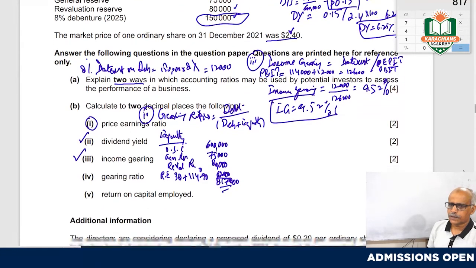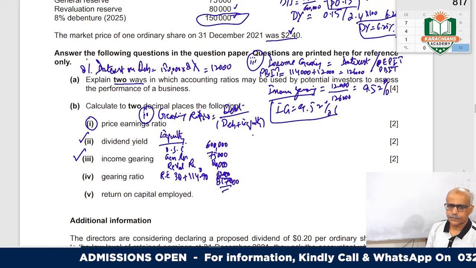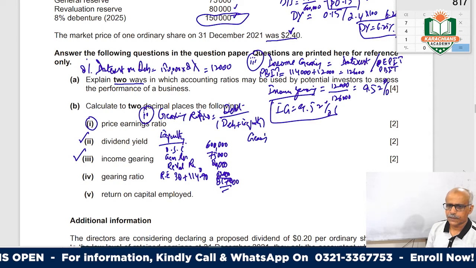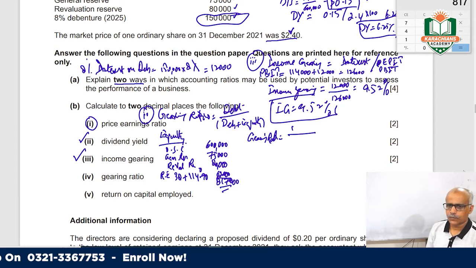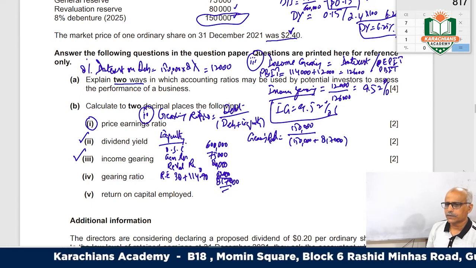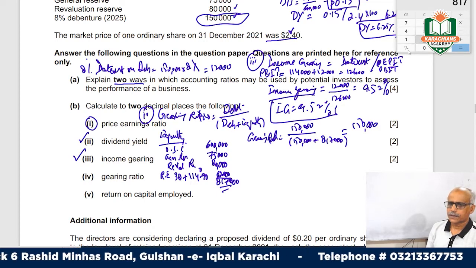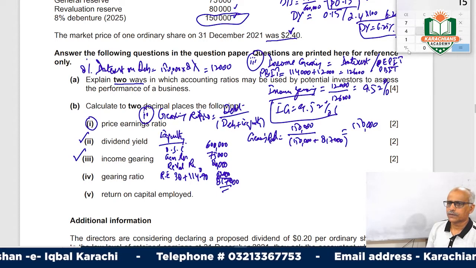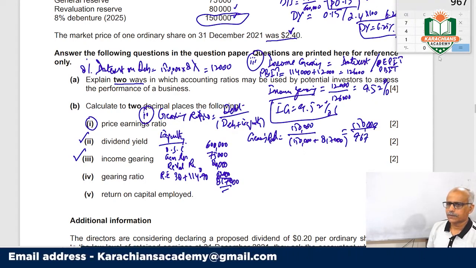So then the debt equity ratio, gearing ratio: debt is 150,000 and debt plus equity is 150,000 plus 817,000, so 817 plus 150 will be 967,000.